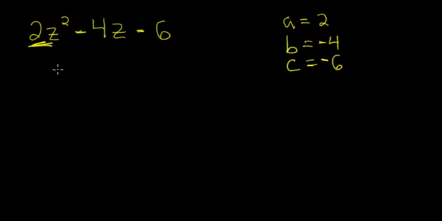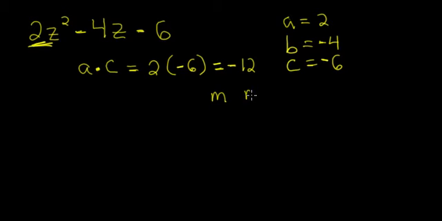What we do is multiply a by c. So a times c equals 2 times negative 6, which equals negative 12. And so I want all of my factors of AC. Again, I'll use M and N. Draw my chart.